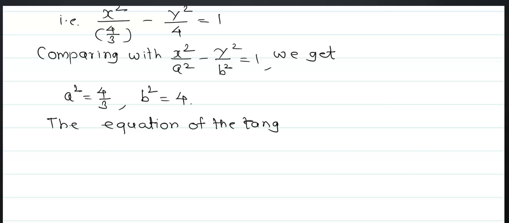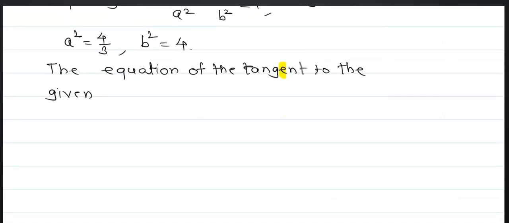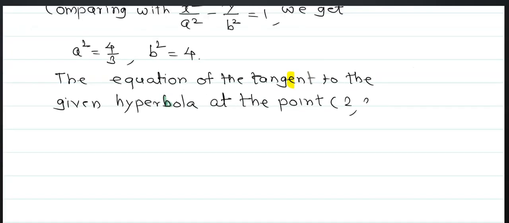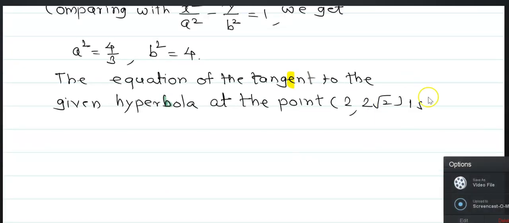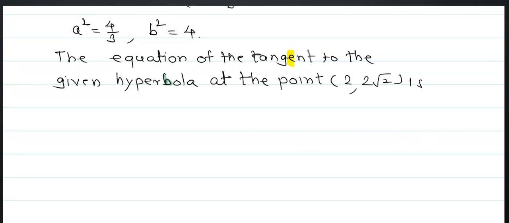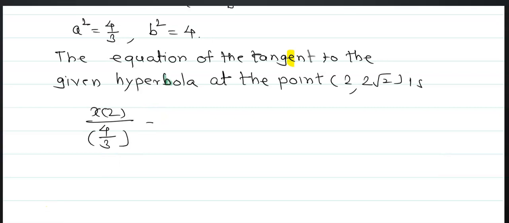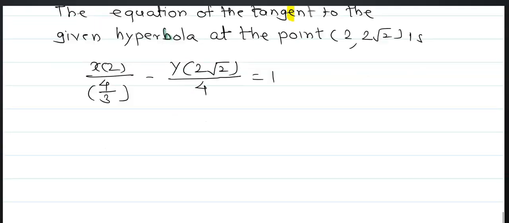The equation of the tangent to the given hyperbola at the point 2 root 2 is x x1 upon a square minus y y1 upon b square is equal to 1.